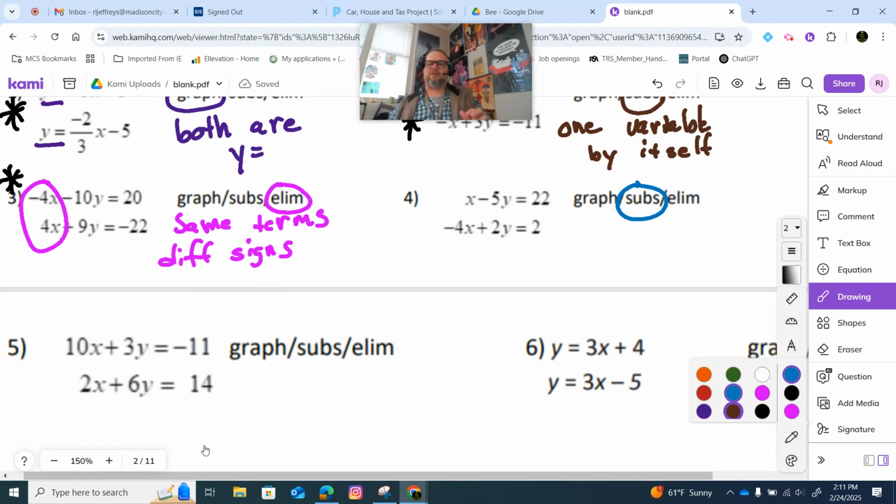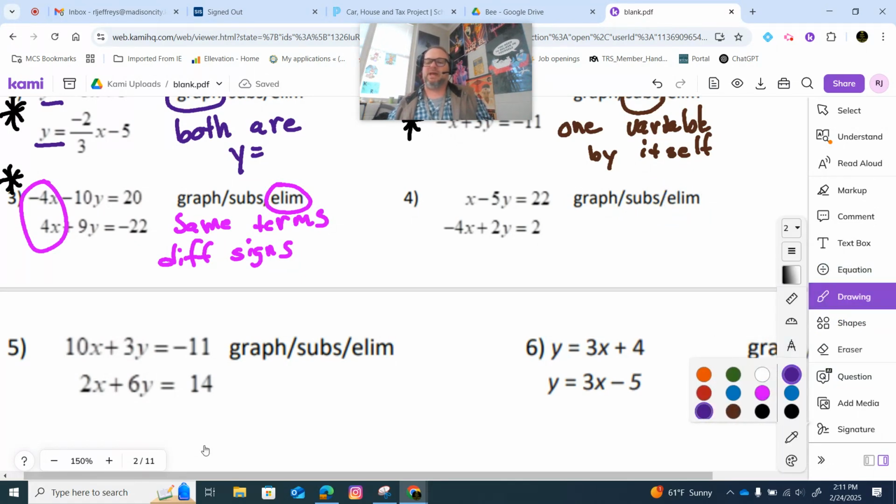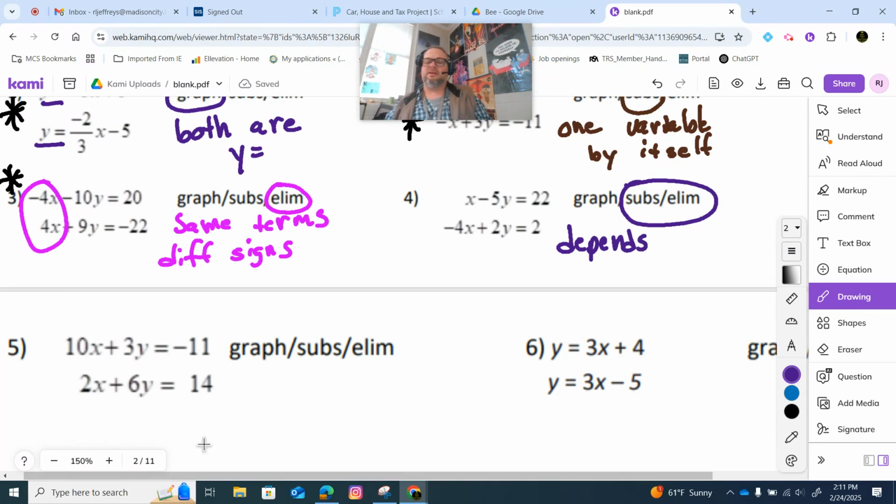So many people are going to say elimination by multiplying. Believe it or not, this one actually has two answers, and it depends on which is the preferred method.